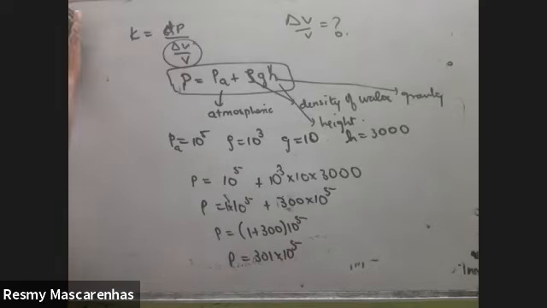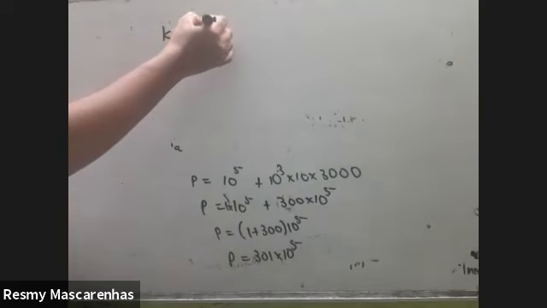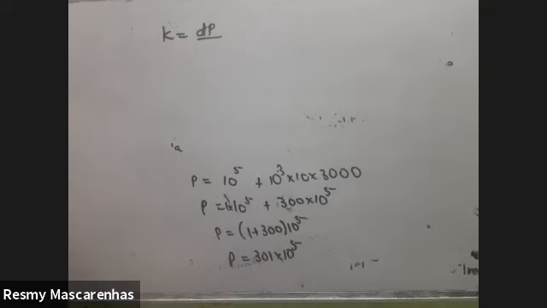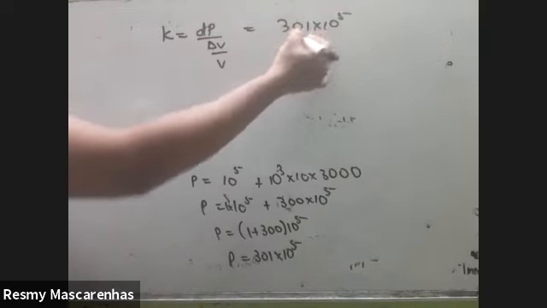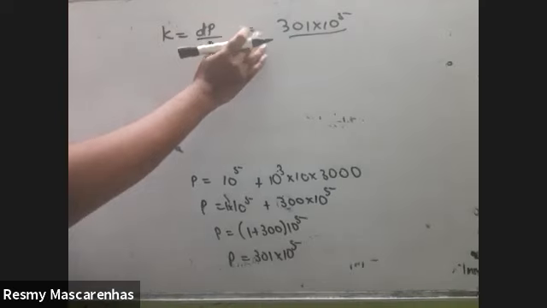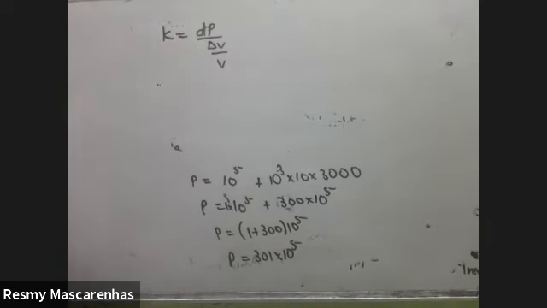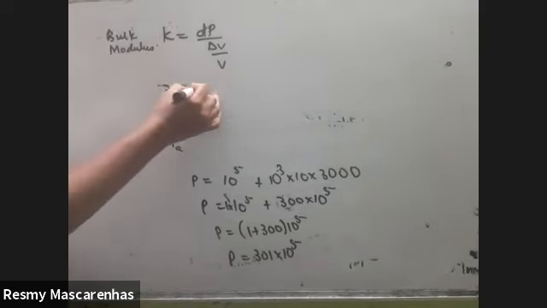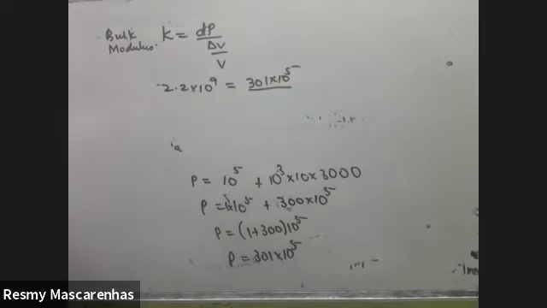Now use the formula and substitute. K is already given, that is the bulk modulus of water: 2.2 into 10 raised to 9 is equal to 301 into 10 raised to 5 upon this, which we have to calculate.